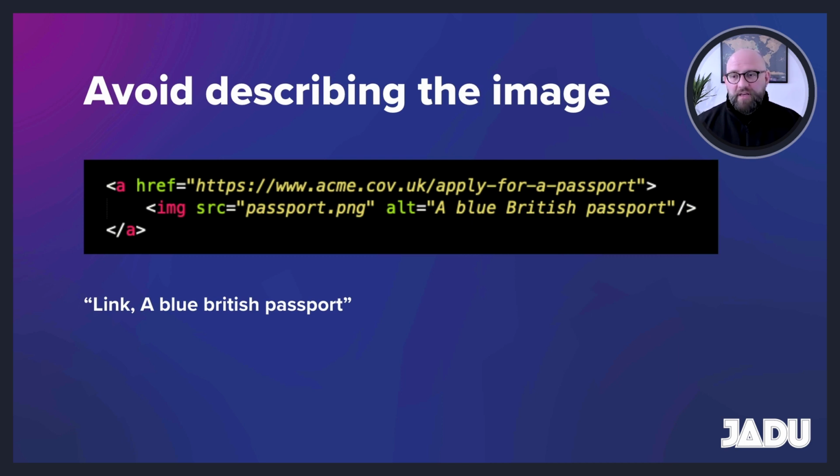For example, here we have the markup for a link pointing at an apply for a passport page. Within the link, there is an image of a passport. The passport image has the alternative text, a blue British passport. In a screen reader, this may sound something like "link, a blue British passport," which doesn't describe the destination for the link.